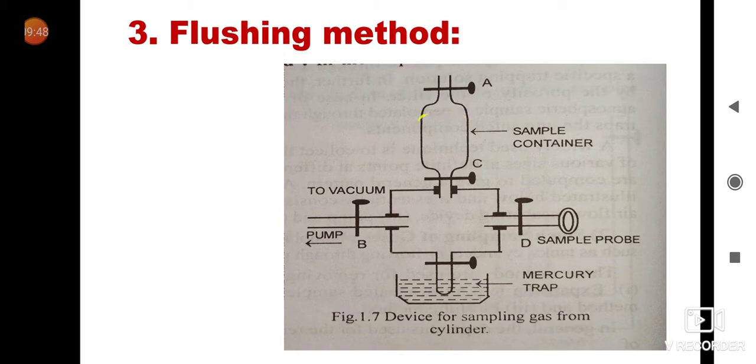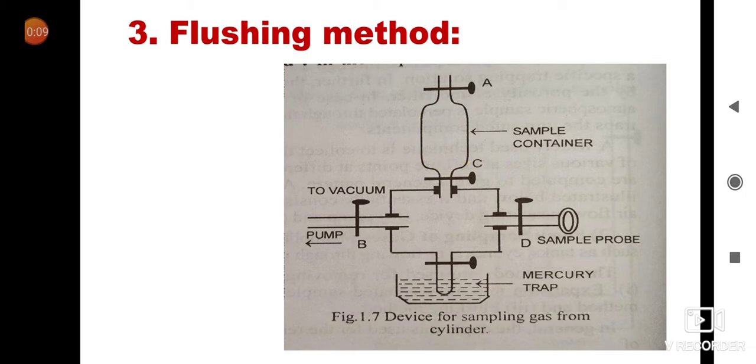Again, I will explain all parts of this device. This figure or apparatus is applicable for all three methods. The apparatus consists of a vacuum pump, which is used to evacuate the sample container.